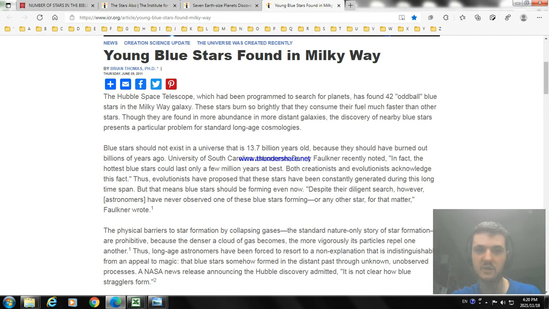It's bigger than VY Canis Majoris, and it's even bigger than Betelgeuse. Because Betelgeuse will only engulf away to the orbit of Jupiter. VY Canis Majoris will only engulf away to Saturn, while UY Scuti will engulf all the way to the orbit of Uranus.